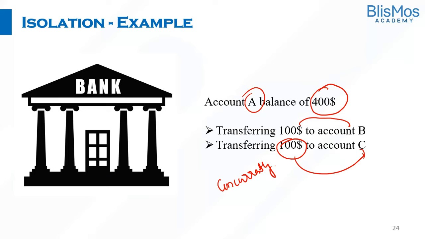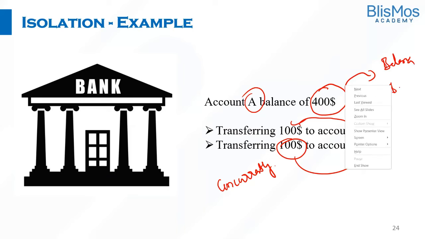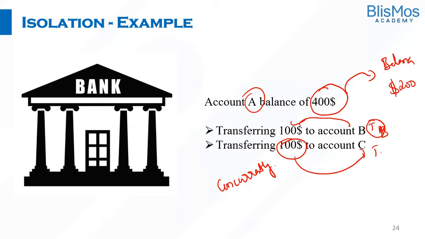So ideally, after the transfer of $100 to account B and $100 to C, what should the balance be? The balance should be $200. But since the transactions are occurring concurrently, let us say the transaction related to account B is TB, and the transaction related to account C is TC.